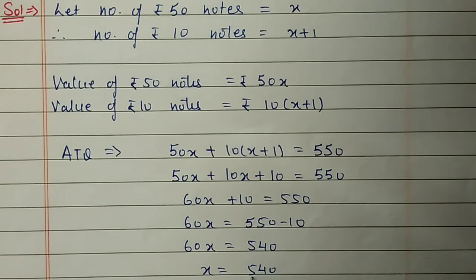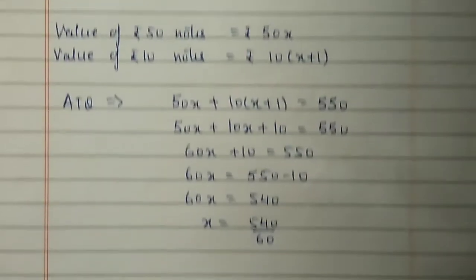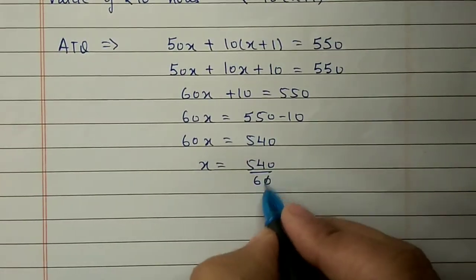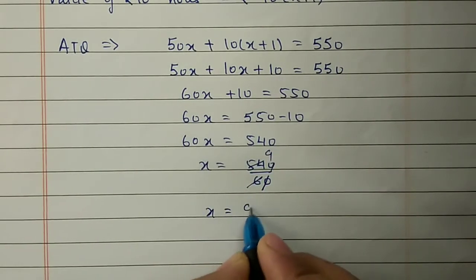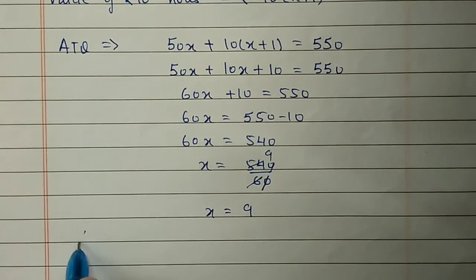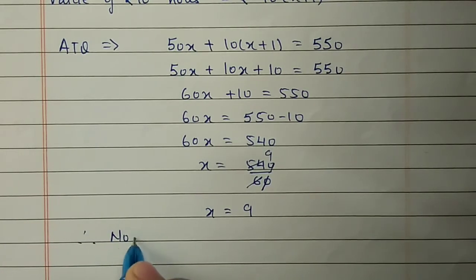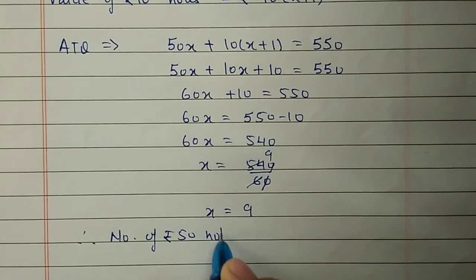So 540 divided by 60, we can cancel with the 6 table. 6 9s are 54. So the value of x is 9. Therefore the number of 50 rupee notes is equal to 9.